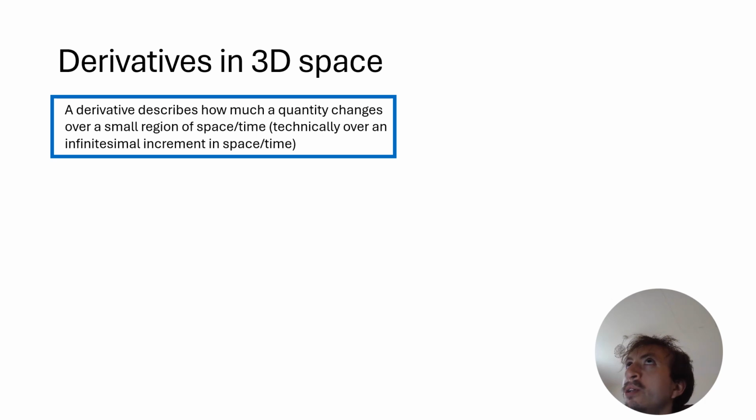Now, if we changed the input a little bit, the quantity would change a little bit. And we could see, well, if we divide the change in the quantity, in other words the change in the output, by the change in the input, we'll get an average idea for how the quantity varies as the input varies over some domain.